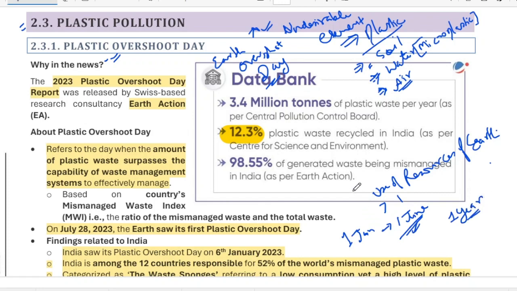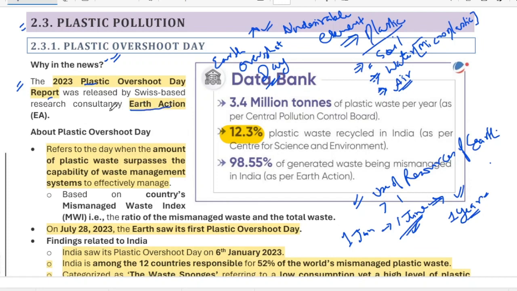So this is the concept of Earth Overshoot Day. After 1st of June, whatever resources we are using cannot be replenished within this year. On the same concept, a report on the plastic overshoot day has been launched. Okay, who has launched this?